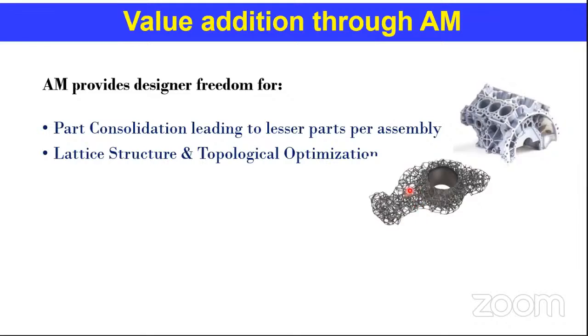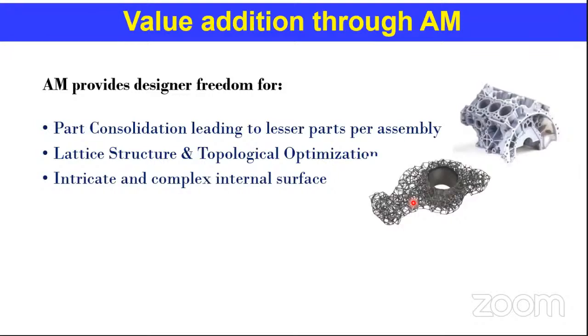So this would contribute to reducing the weight for this component. And such weight reduction or light weighting would be cost rewarding, especially for aerospace applications, because the fuel consumption that we can save by saving the weight of these parts would be cost rewarding, right?